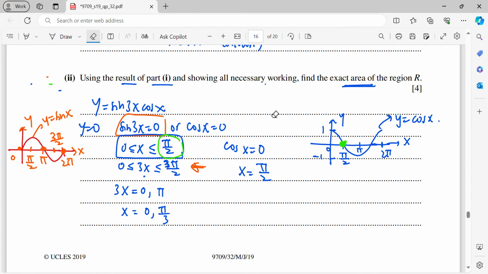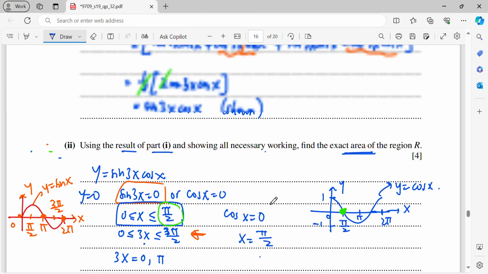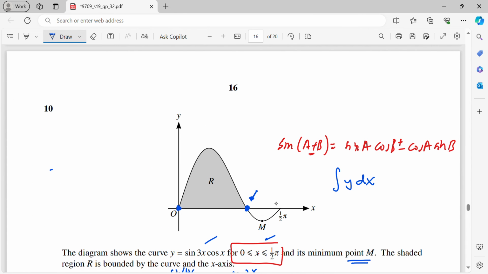Now you check the graph. Where is the intersection? That means now I will be getting 0, 1 over 3 pi and 1 over 2 pi. It's already mentioned 1 over 2 pi here, so this is definitely 1 over 3 pi, and then 0. So you have to integrate from 0 to pi over 3 for the area of the shaded region.